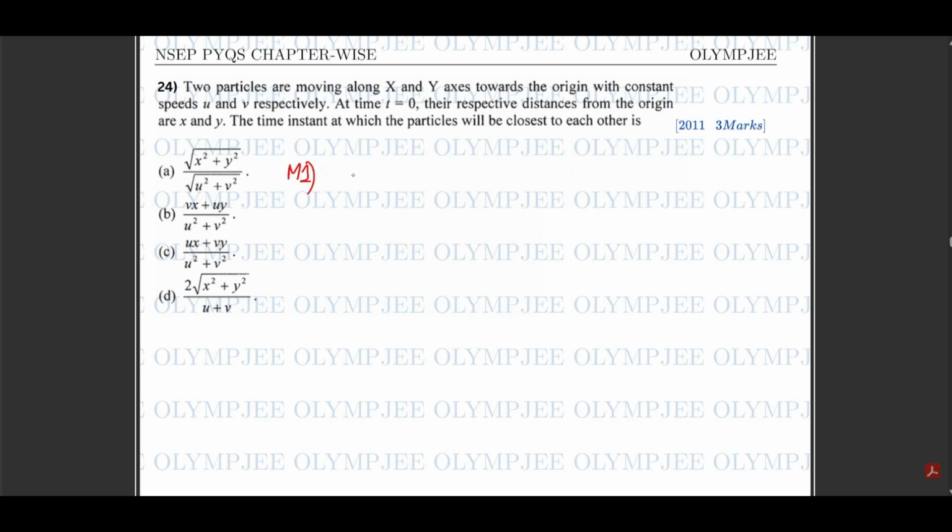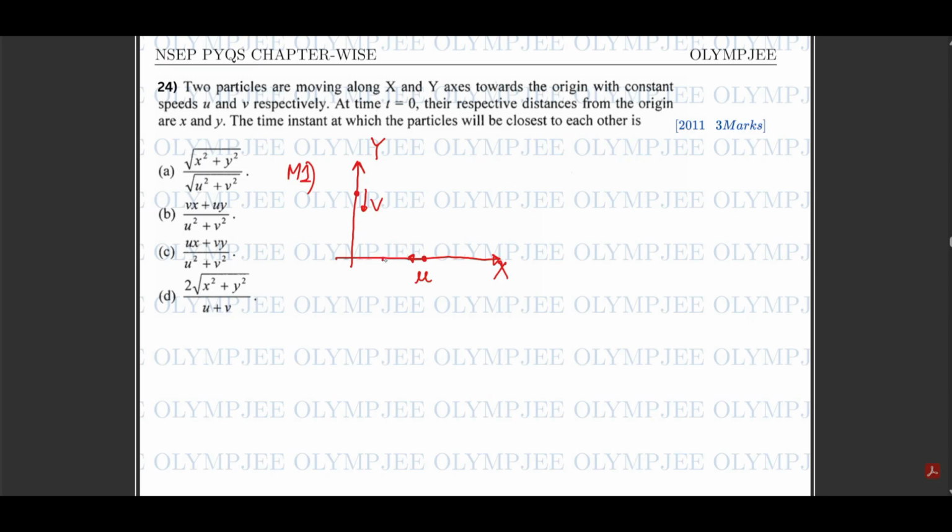So let us draw the x and y axis. So we are given that at t is equal to 0, this particle is moving with u, this particle is moving like this with v, and the velocities are constant.